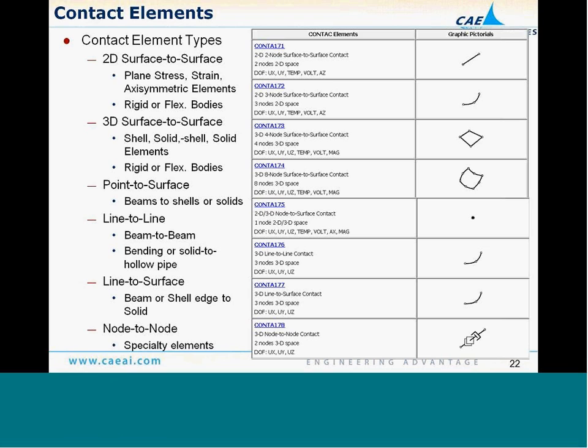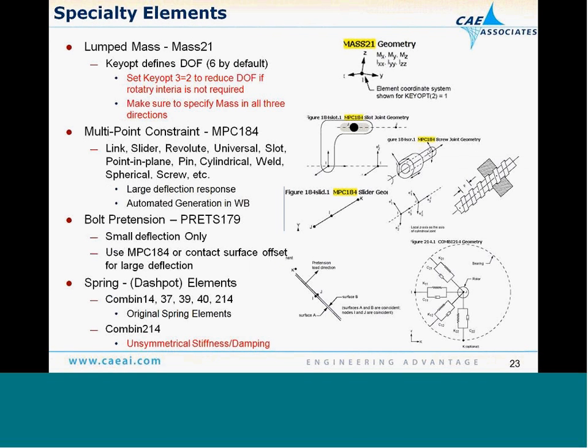The other elements available in ANSYS are contact elements for point to point, point to surface, surface to surface. Unfortunately, we're running out of time since we keep these webinars to 30 minutes. So I won't spend much time, just making you aware that there are many different types of contact that may be useful for applications that maybe you're not aware of, such as beam-to-beam type contact.